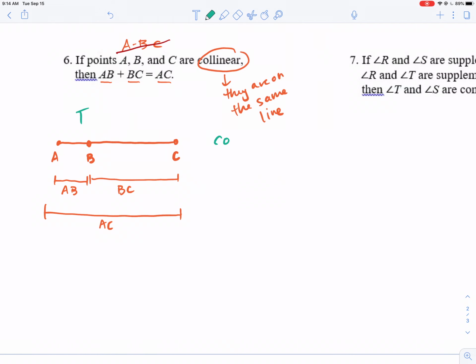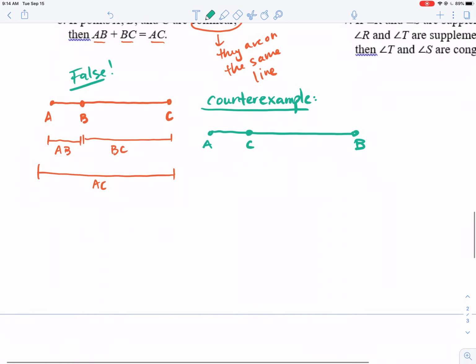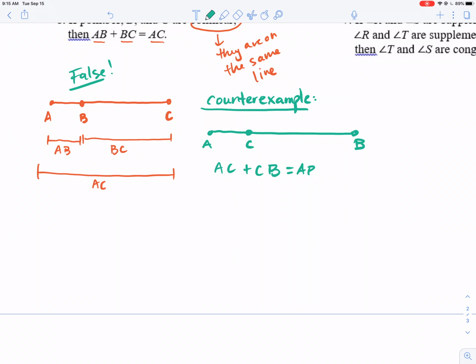So I'm going to say that this is false, and I'm going to give you a counterexample. What if I had the line and it was like this, and I had C here. All three of those points are on the same line, but this would be AC plus CB equals AB.